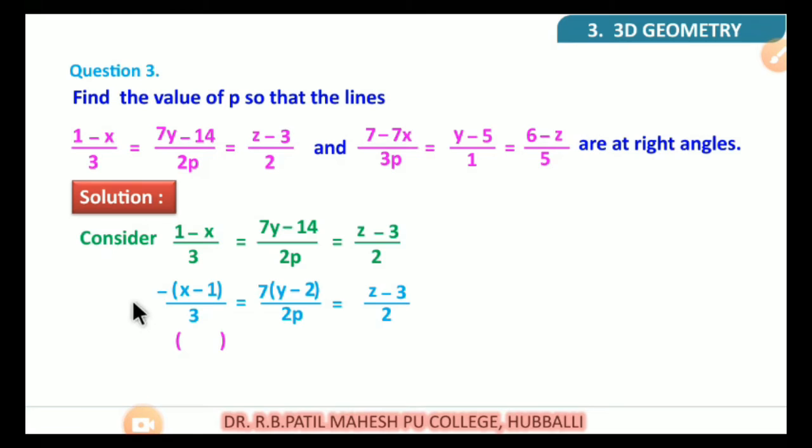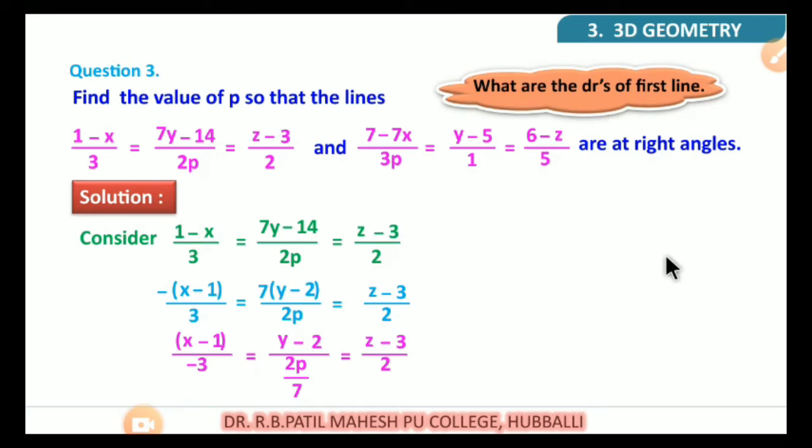Now in the next step, so that there should not be any negative sign for this numerator, I am going to take the minus to the denominator, so it becomes (x - 1)/(-3) = ... and the 7 we have to take to the denominator side, therefore it can be written as (y - 2)/(2p/7) = (z - 3)/2 as it is.